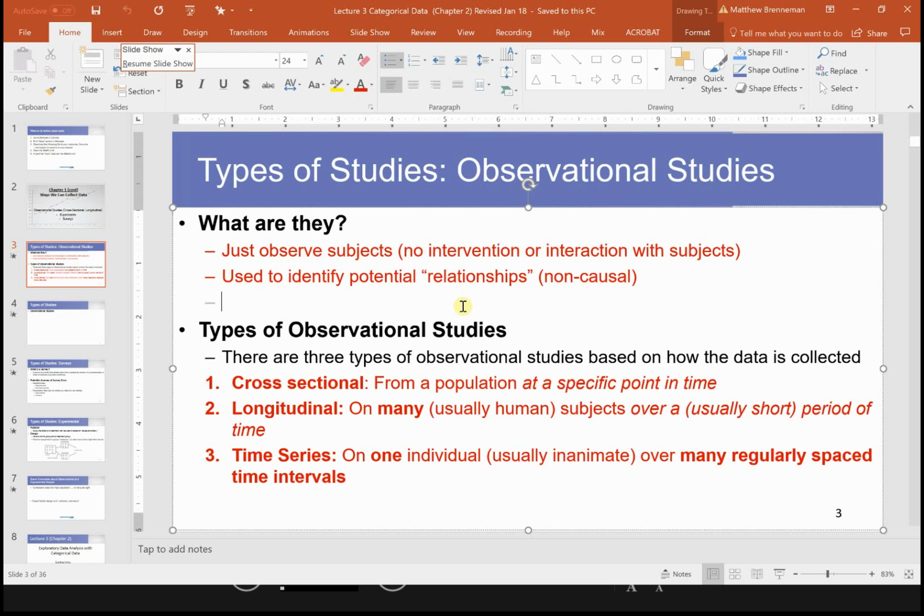And what we can do, first of all, is we can take a sample from that population at one time. And that's what we call a cross-sectional study. Okay, so if I just take a little snippet, a little sample of my population now, this would be a cross-sectional study. In other words, it's like I'm taking a cross-section of the population in time, right?